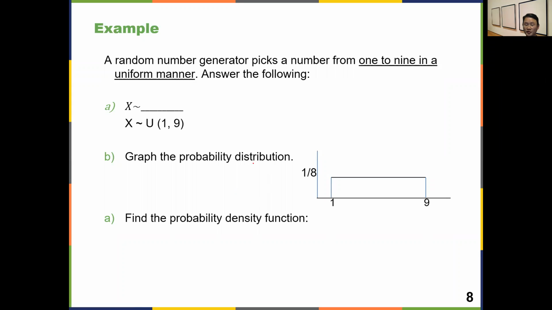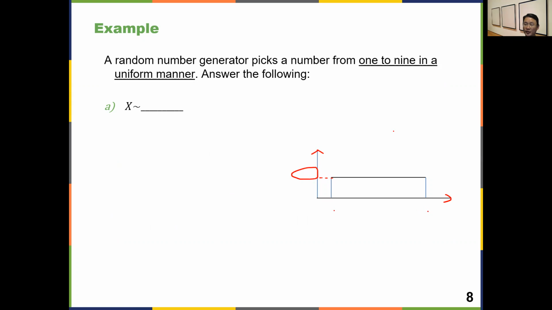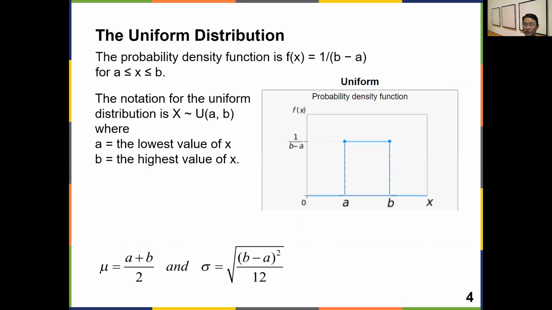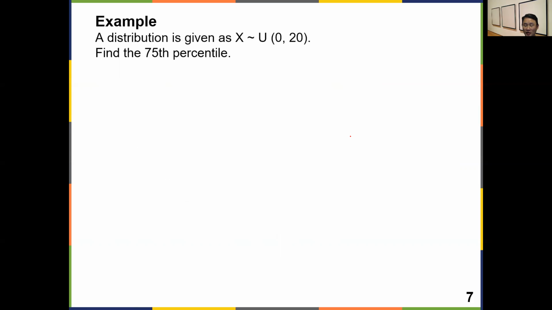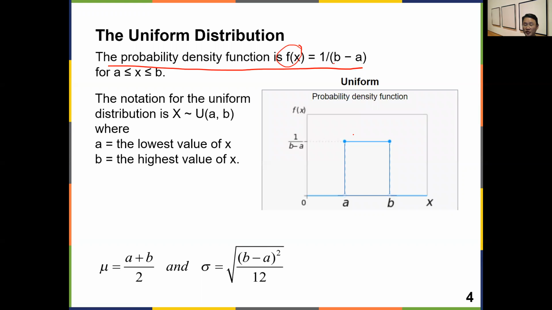Okay, so there's a little bit of a mistake, then I fixed it. So this would be 1 over 8, right? And we are ranging from 1 to 9. And the probability density function, if we go back to the earlier description, for f of x equals 1 over b minus a. So I should stay a little bit so that you can take a good look at it. f of x equals 1 over b minus a.